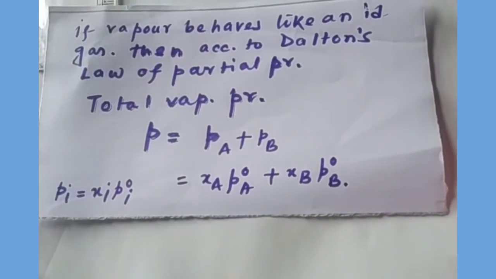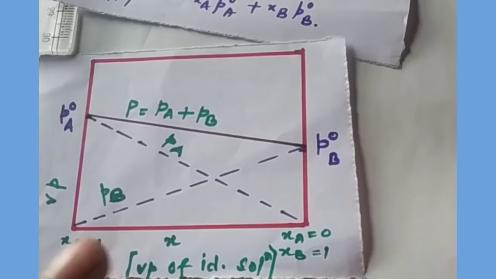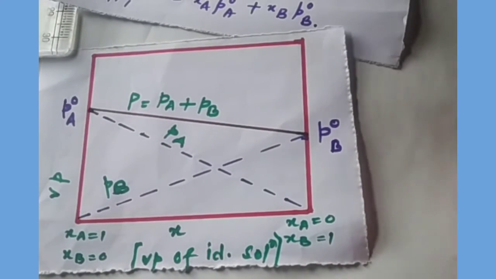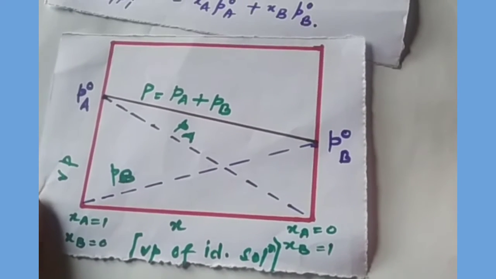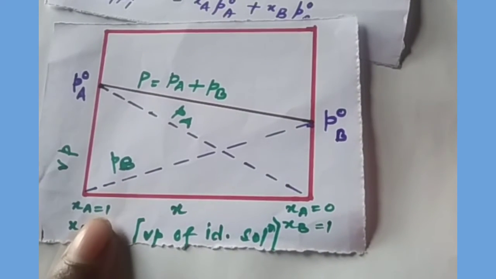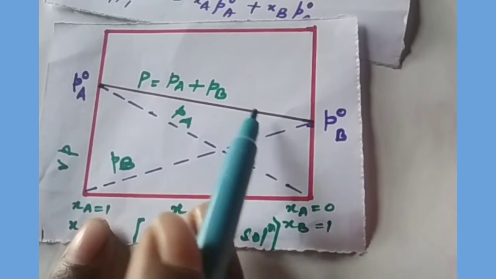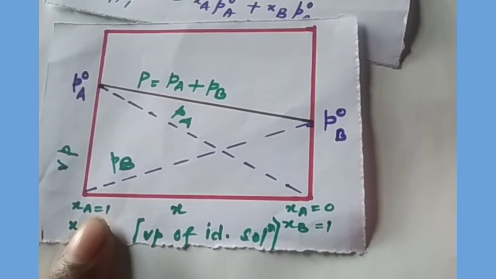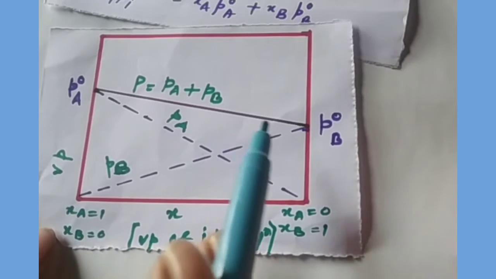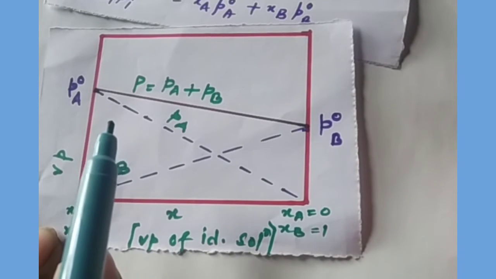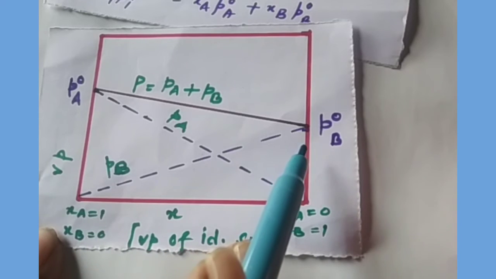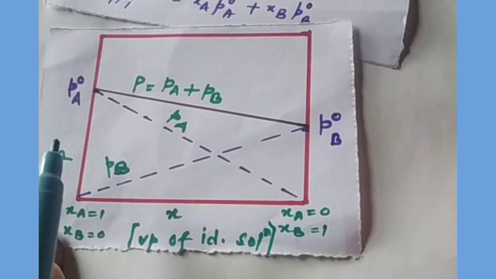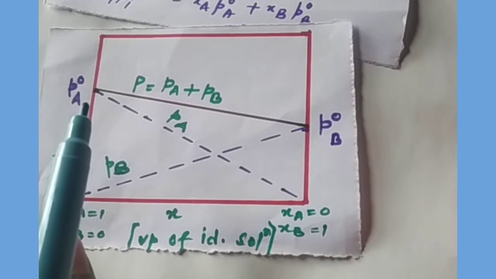Now there is some diagrammatic representation. Looking at Pa and Pb, there may be a question why this value is higher and this value is lower. We have taken A and B both as volatile liquids, but we have taken the volatility of A to be greater than that of B, because if it is more volatile, then it will be more in the vapor phase, and that creates more vapor pressure.